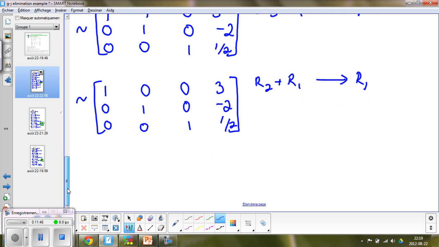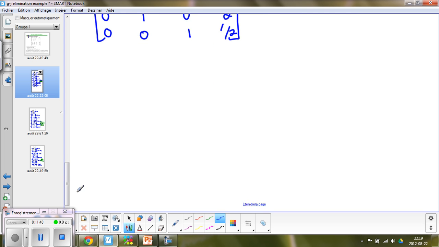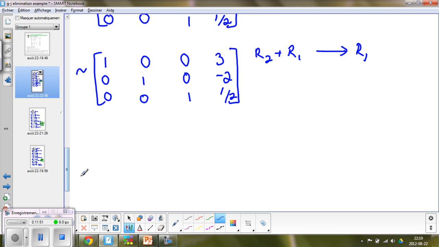Now this is indeed the reduced echelon form, and not only that, it gives us the solution. If you remember that this was a linear system and all we've done is to build an equivalent augmented matrix, the linear system it represents has the same solution. Otherwise it would not be an equivalent matrix.